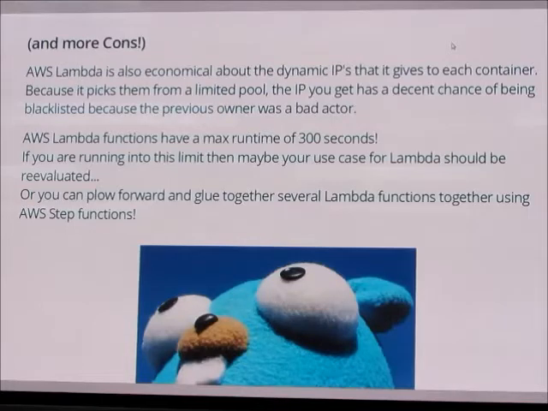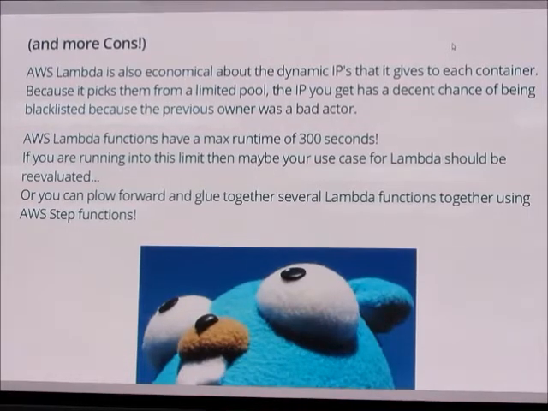And you don't have any real control over that IP, so you're just deploying a function to AWS Lambda repeatedly, hoping that you don't get a bad IP this time. And I decided to spare you guys from doing that, so yeah.